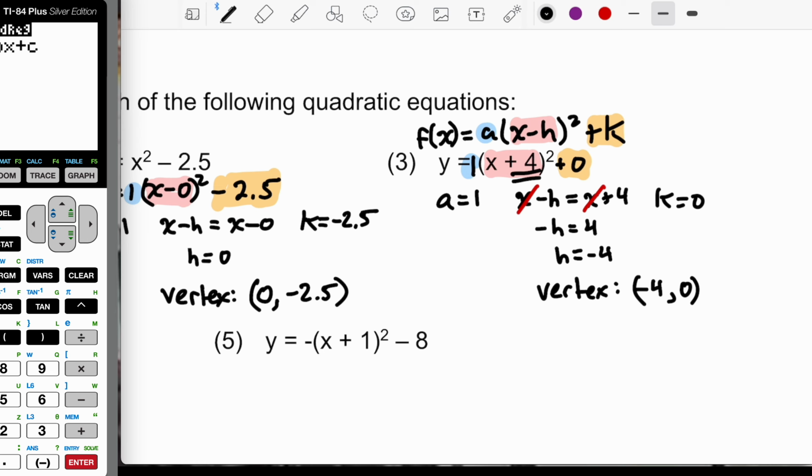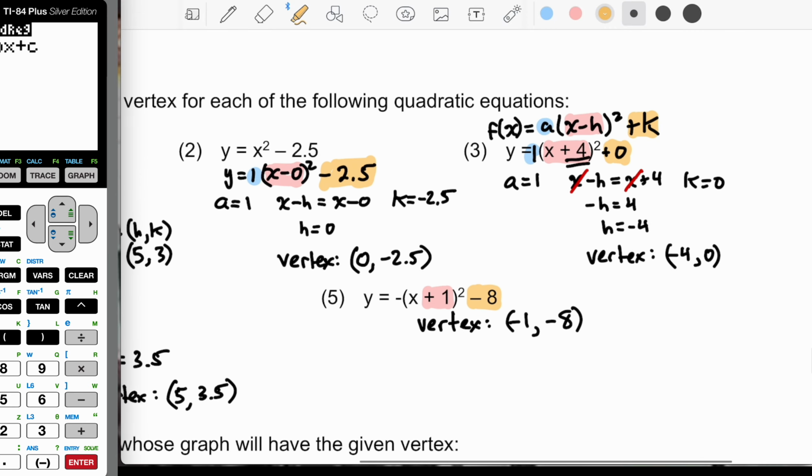But it's nice, once you get the hang of it, you say, oh, the vertex for number 5, my vertex is -1, 8. Sorry, -1, -8. Because I'm flipping the sign of the numerical term in the parentheses, and I'm keeping the sign of that trailing term, whatever it is, positive, negative, that comes along for the ride.